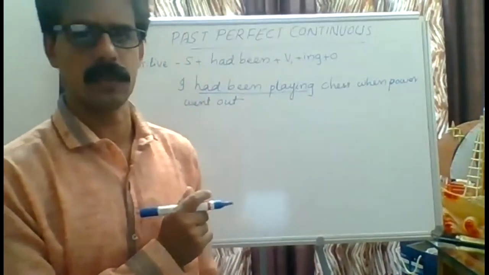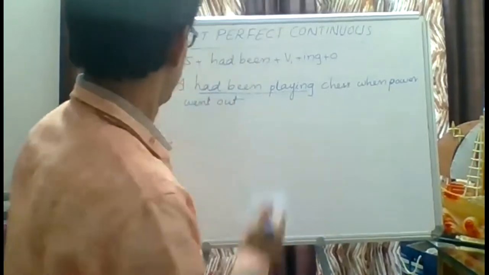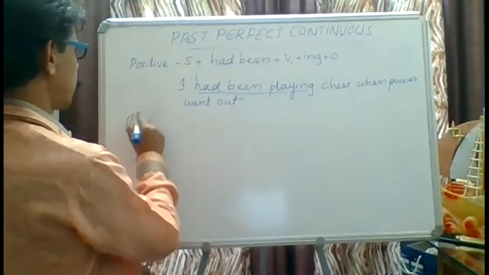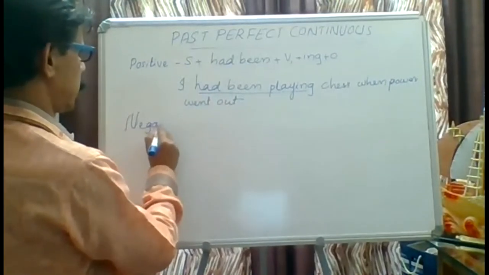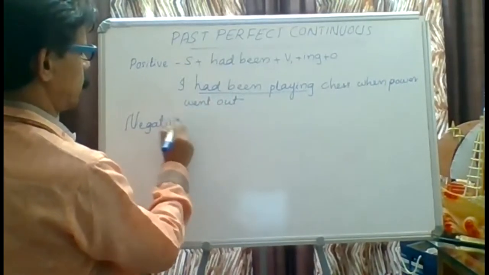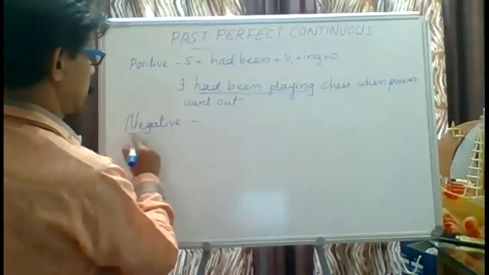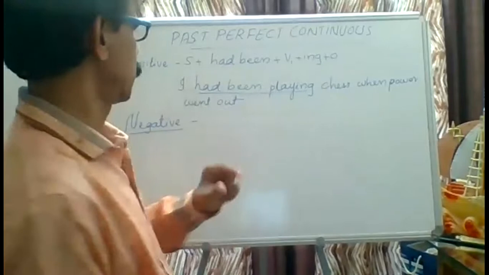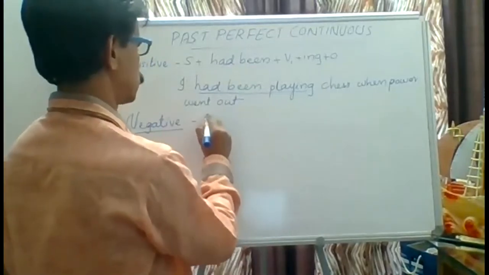Then what is the negative of this one? Let us find the negative of past perfect continuous. It already has a helping verb, the auxiliary verb had.